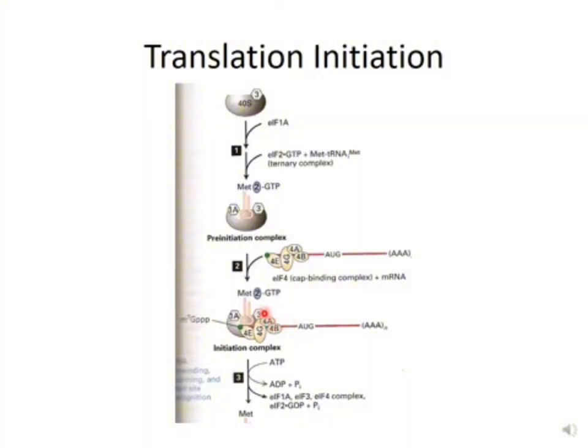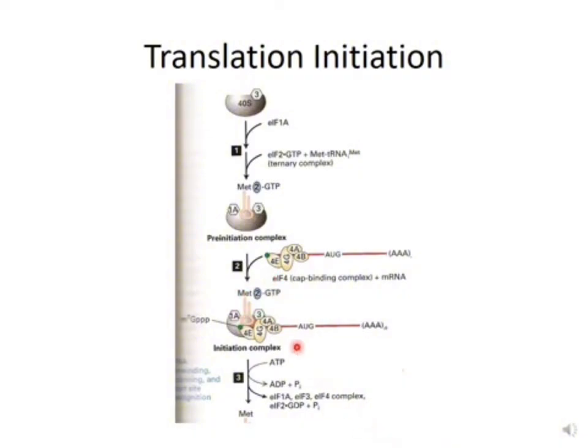factor 4A to EIF3, that would require the positioning of the AUG sequence in the mRNA at the tRNAi methionine.